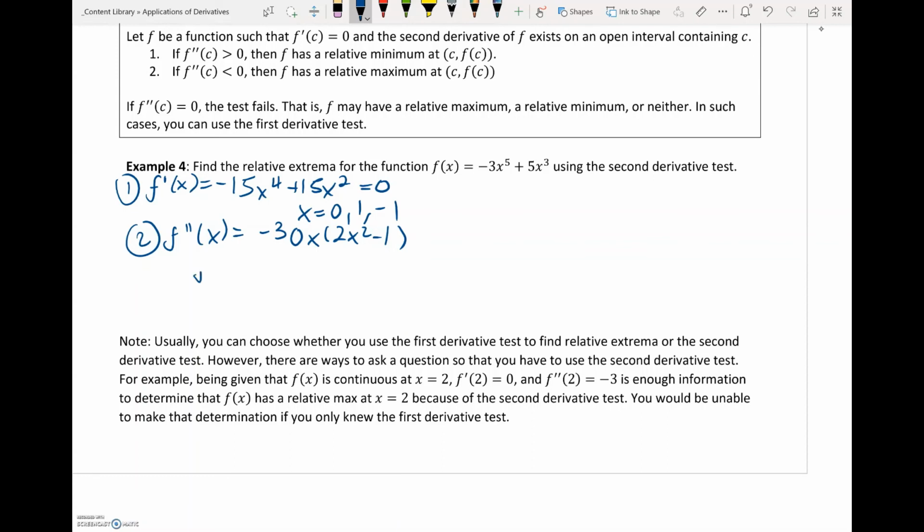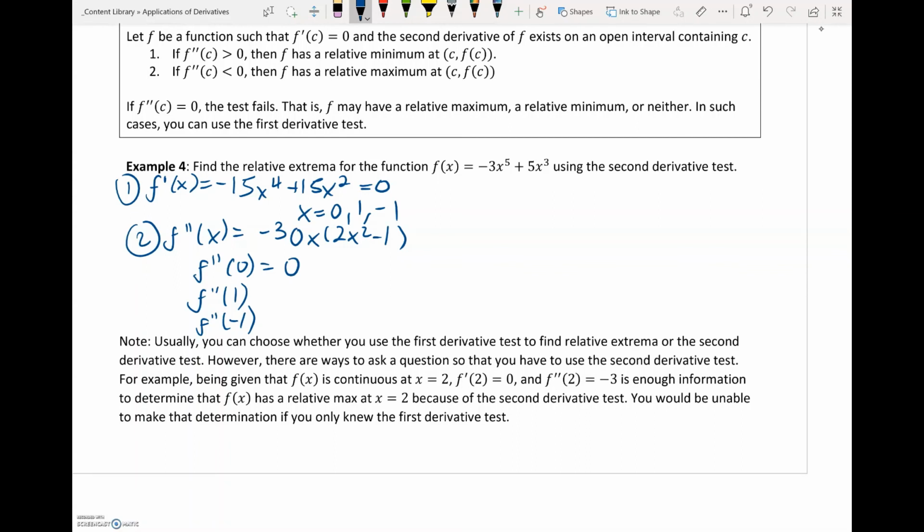So now we're just going to evaluate f double prime of 0, f double prime of 1, and f double prime of negative 1.